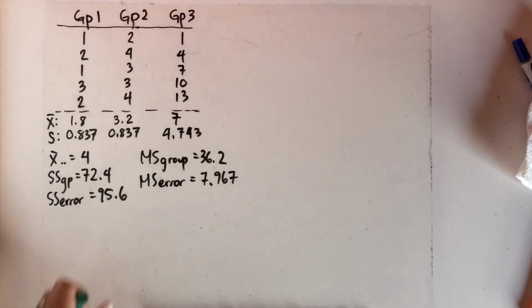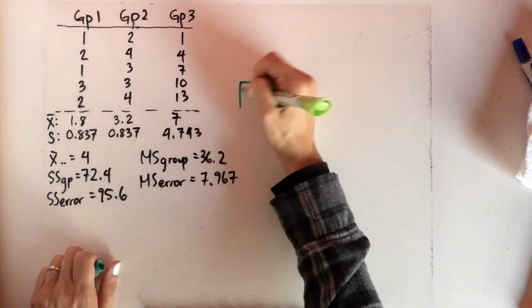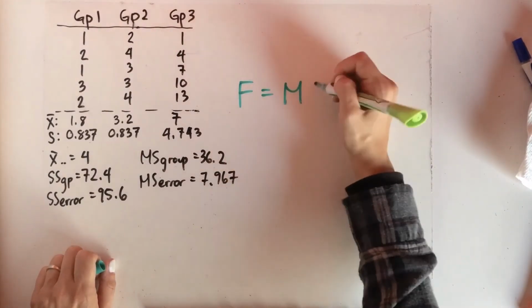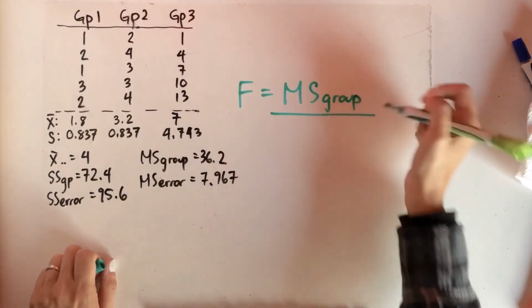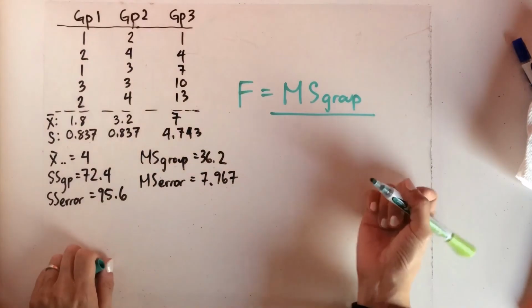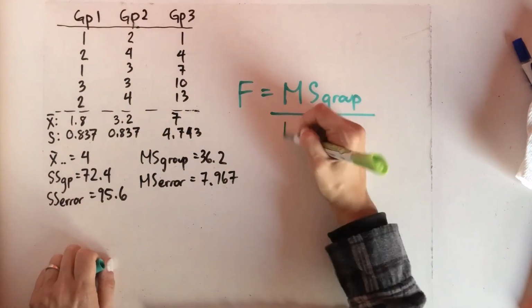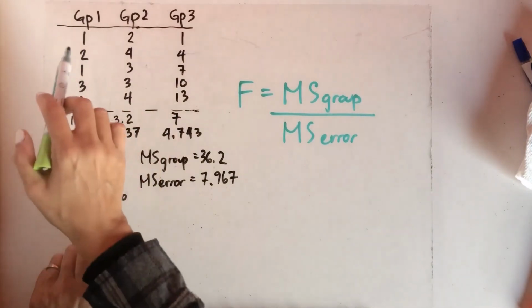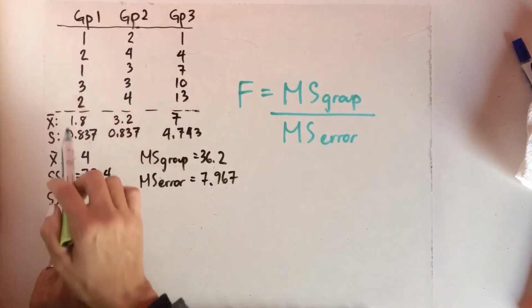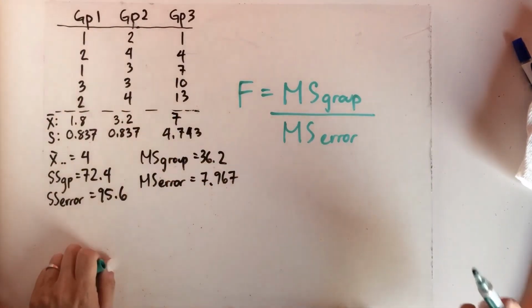All right, so let us complete our computation. Our F ratio is MS group, what influence are the 3 groups having on our data, and MS error, what influence are the within group observations having on our data.